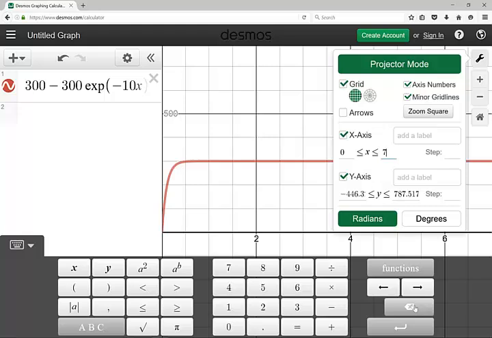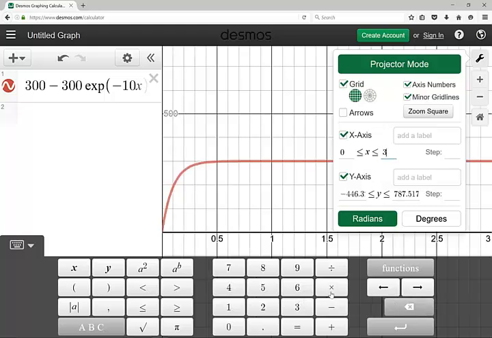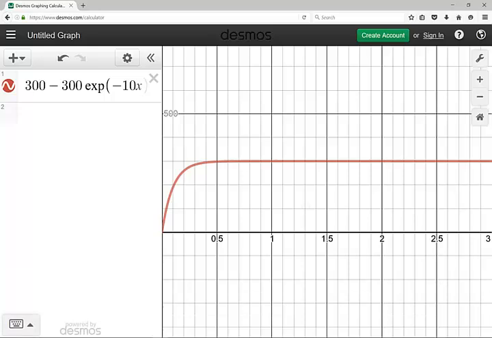I don't think I even need 7. Oh, that's nice. So there it goes. And where is it approaching? Boom, it's approaching 300 pounds of salt. How long does it take to get there? Hey, not very long at all.